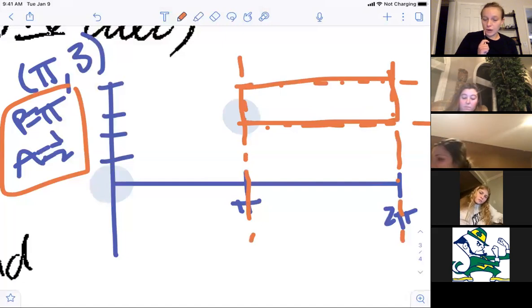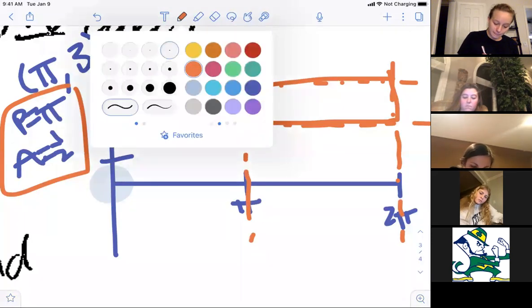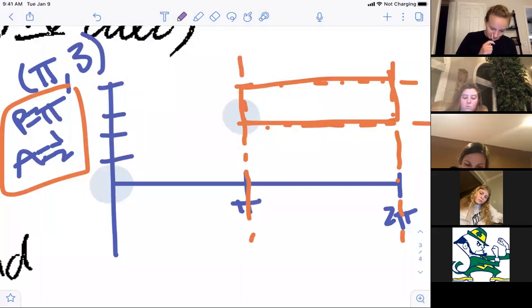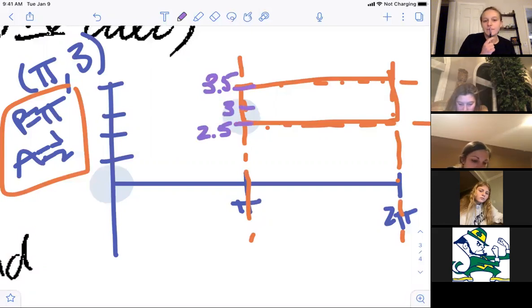Before I draw that, any questions on my box? Is the top line at what point? Does it stop at 3 or is that 4? I think it's 3.5. So the middle is 3, this top is 3.5, and this bottom is 2.5. Are you just basing that off of the origin? I'm basing it off of two things.